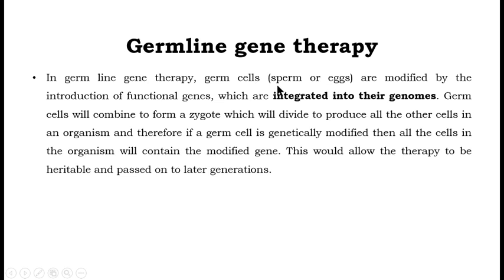So you are actually modifying the sperm or the eggs, and when you modify these germ cells, the therapeutic gene will be integrated into their genomes. And as you all know, the sperm and egg are going to combine to make a zygote. That means the zygote is going to make a complete human body. So the gene of interest will be transferred to the next generation as well.